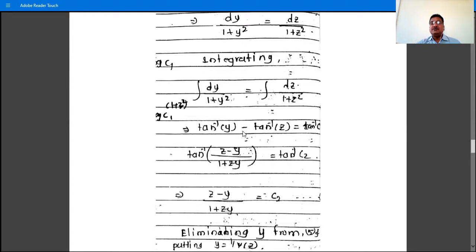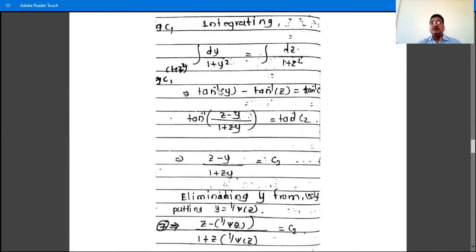After shifting to the LHS, we have tan inverse y minus tan inverse z is equal to tan inverse c. And then tan inverse y minus tan inverse z value is tan inverse of (z minus y) divided by 1 plus z into y, equal to tan inverse c2.